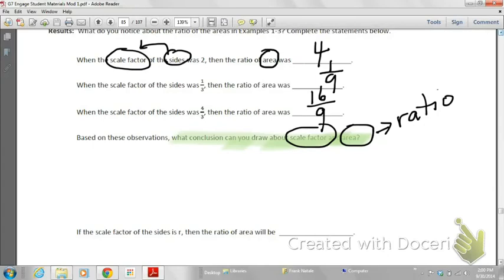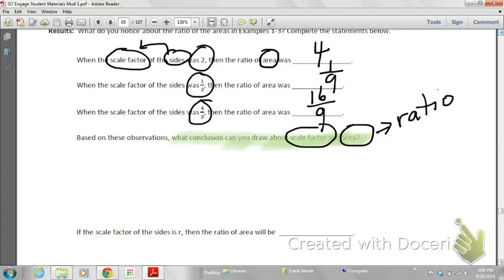Okay, all right, so go ahead and pause and discuss it. Look those numbers over again: 2, 4, 1/3, 1/9, 4/3, 16/9, and see what you think. Okay, so hopefully you had some observations.